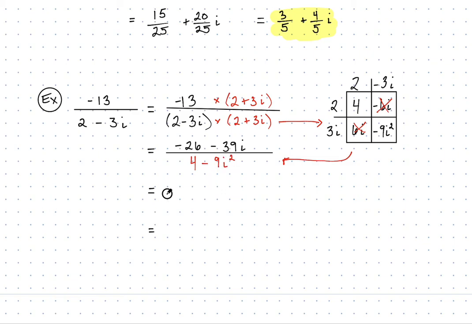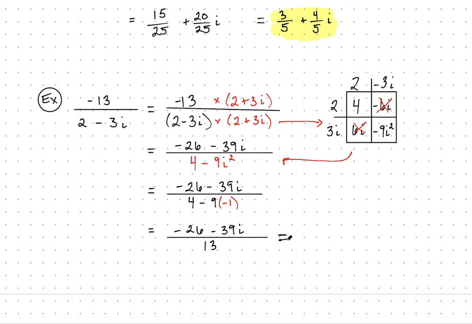All right, I want to continue simplifying this, so let's keep going. The numerator is going to stay the same, negative 26 minus 39i. But on the bottom, this becomes 4 minus 9, not times i squared, but we know i squared is negative 1. And when I simplify this out, I get negative 26 minus 39i, and this is 4 plus 9, or 13.